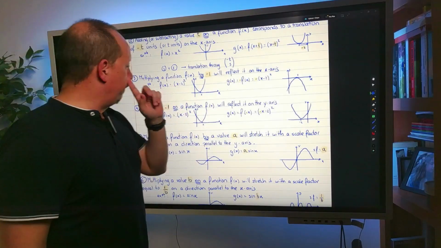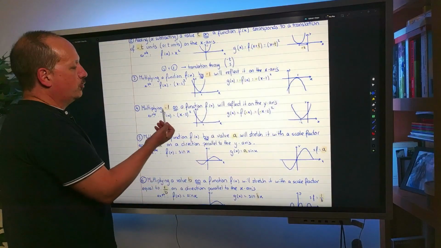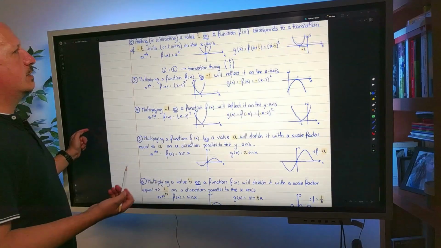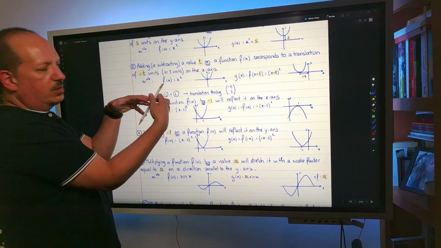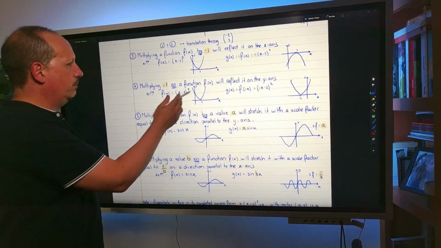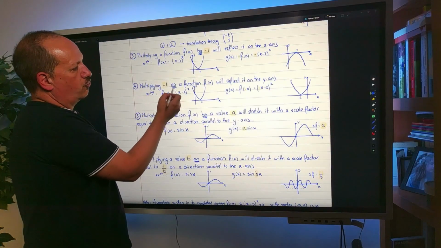Okay? What if you want to flip it on the y-axis? Then you have to multiply by -1 on a function. Do you understand what the on means over here? It means inside of a function, so to speak. So what do you have to do? You will have to put the minus inside of the structure of the function.